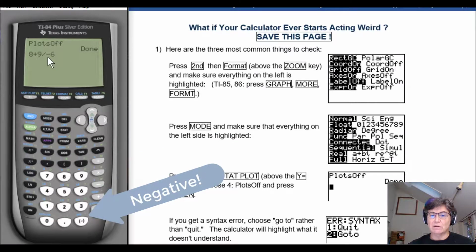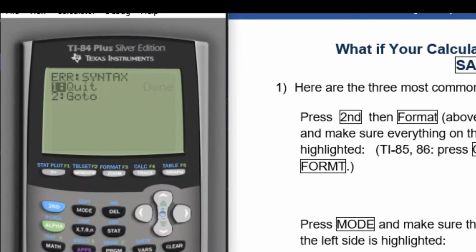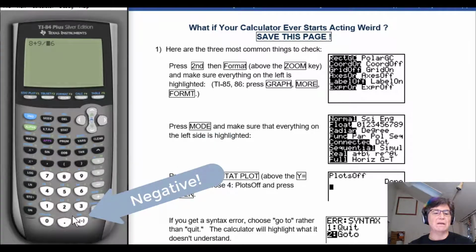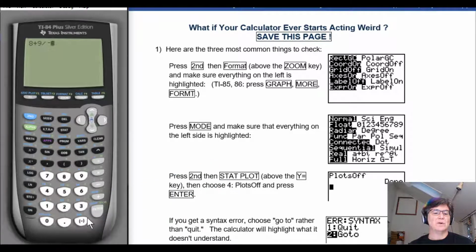So let's see what the calculator does when I press enter. Error in syntax, go to. It says, I don't understand that. And you say, oh, that's the subtract key when what I needed was the negative key. Change that to a negative, press enter, we're good to go. Sweet. Quick little pause here.